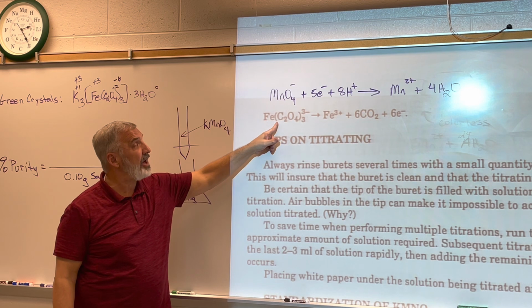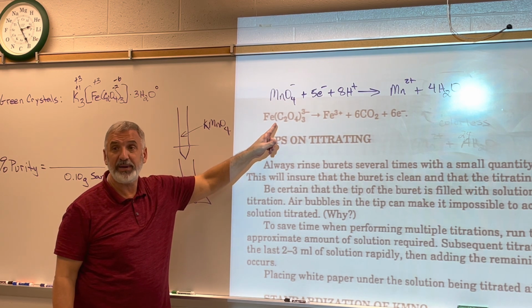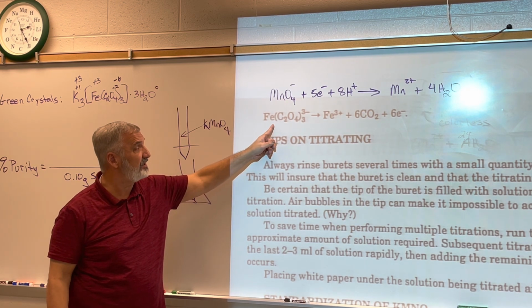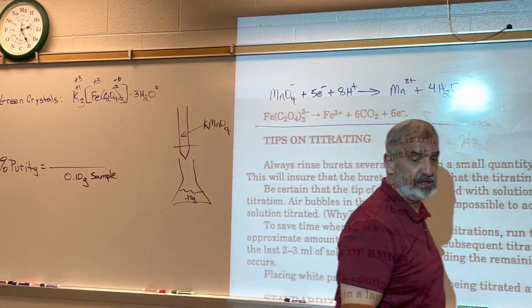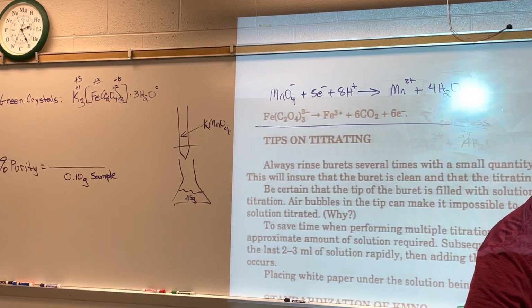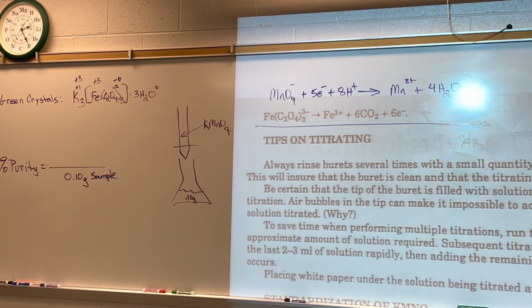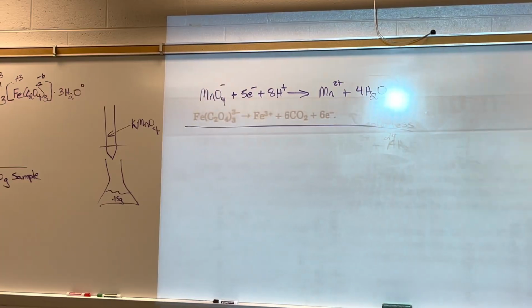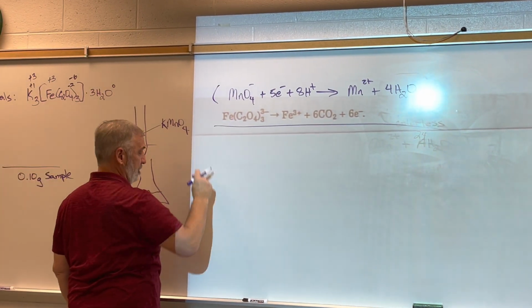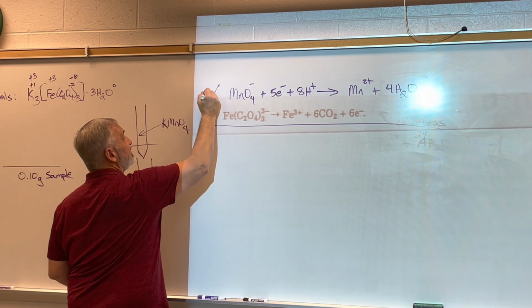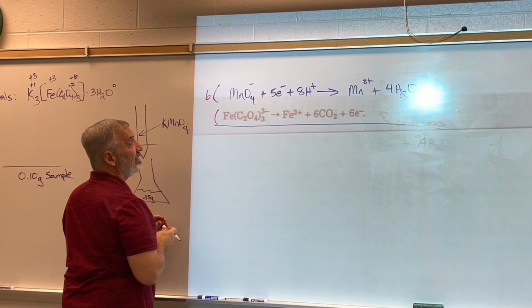So what do I have to do to balance when I want to add those two together? Multiply the top one. I need to multiply this one by 6 and this one by 5.